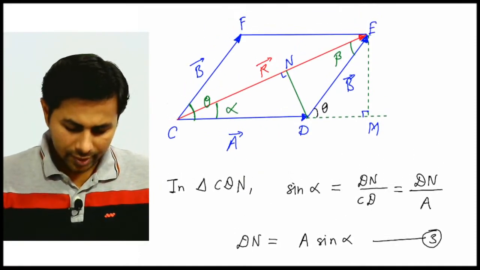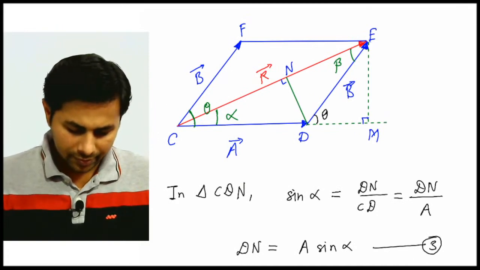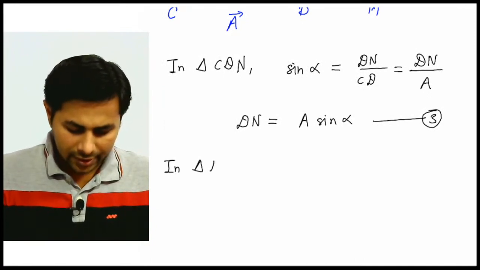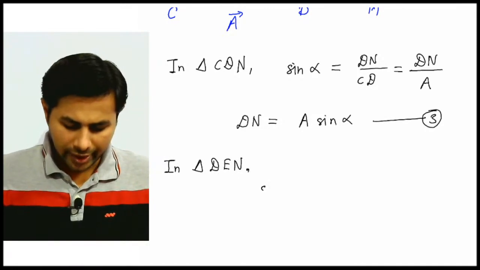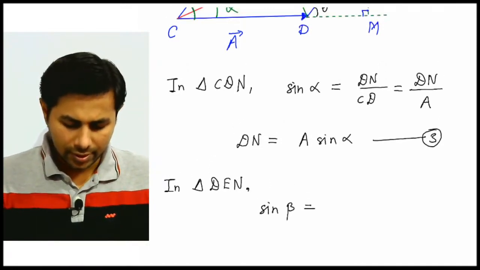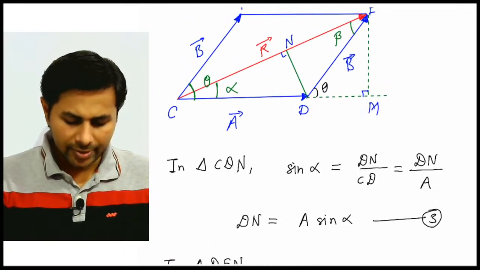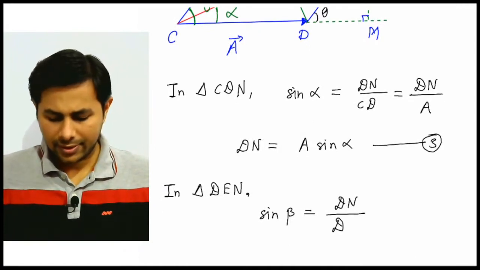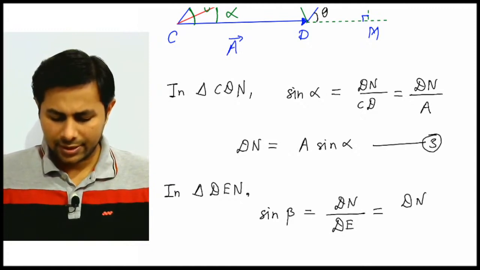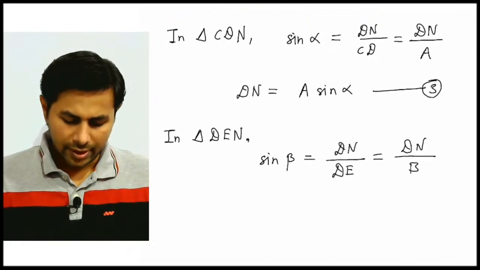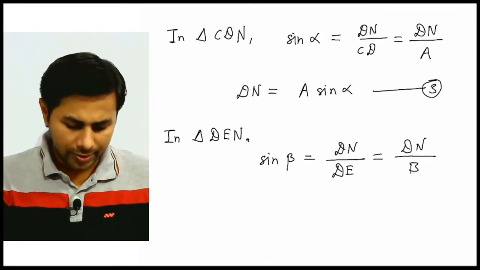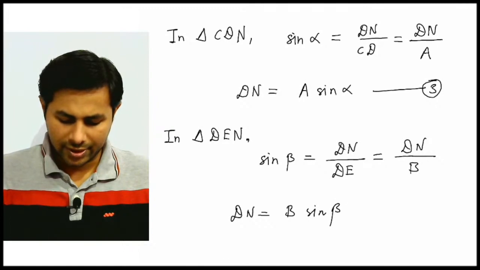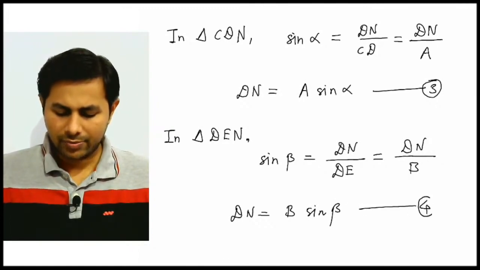So in triangle DEN, we have sine of beta equals DN divided by DE, and that is DN divided by B. Okay, and from this equation we can write DN equals B multiplied by sine of beta. So this is our equation number 4.